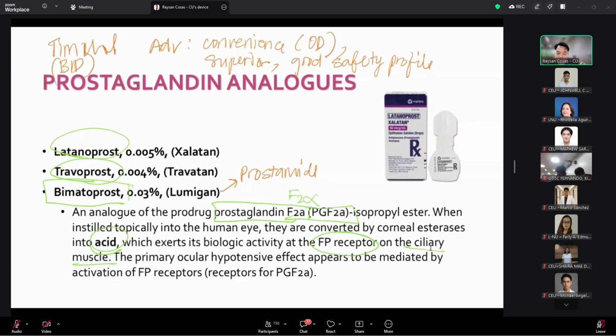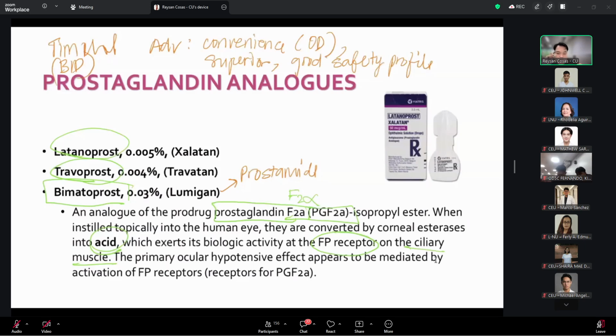And compared with timolol, which is twice a day, or the other beta blockers, the prostaglandin analogs are applied once a day, which can be administered any time of the day, okay?